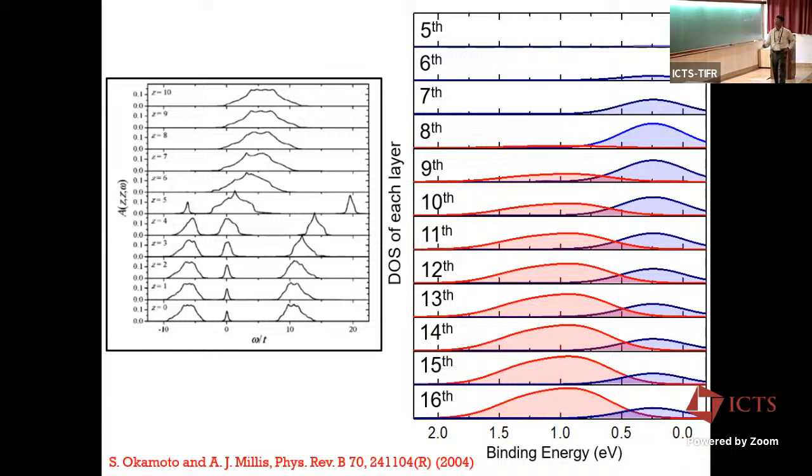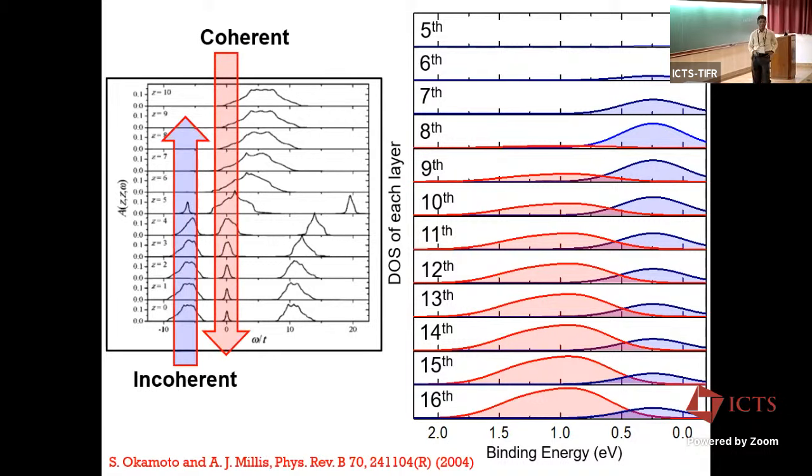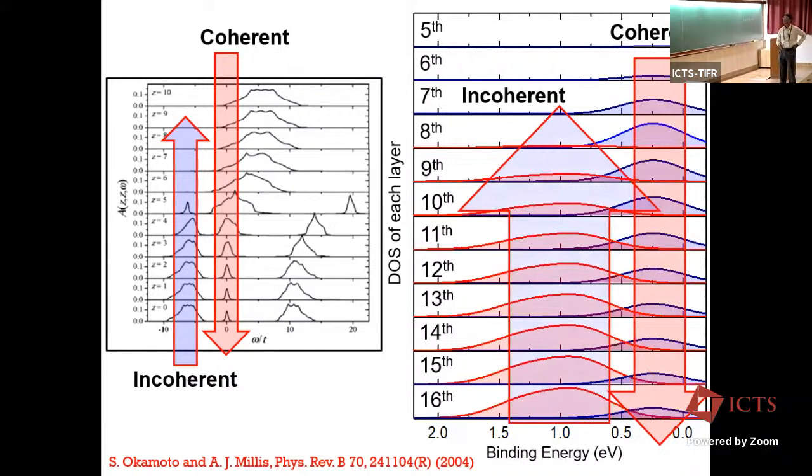To compare, it really fits very well with what Millis and Okamoto had said. You can see the correspondence between the two. I'm sorry, I should change the color coding. The blue here is red colored and red here is blue colored. That's exactly what it mustn't be. But you can see that there's an exact correspondence between the two.